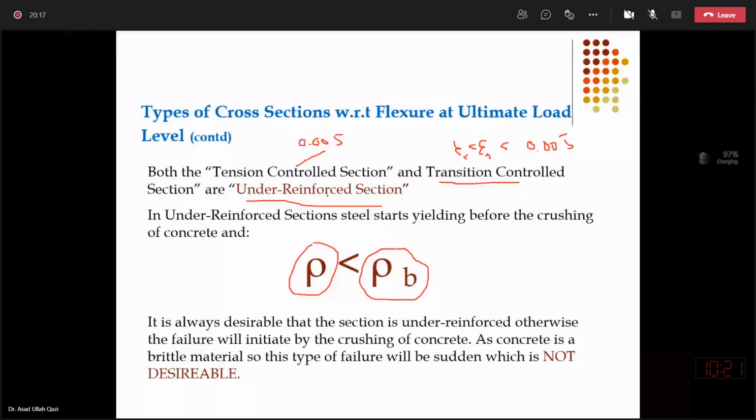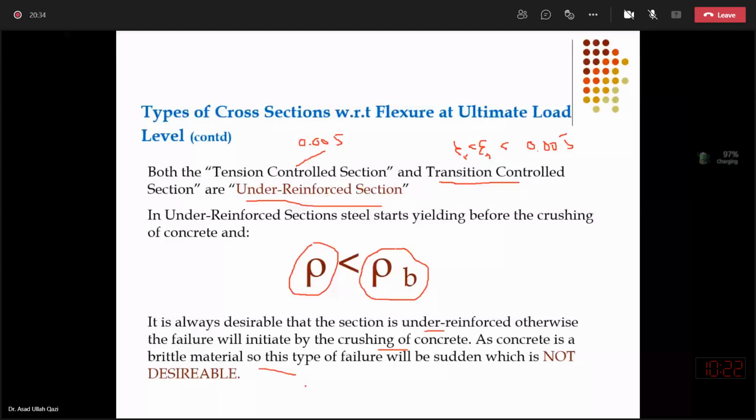It is always desirable that a section is under reinforced, otherwise failure will be initiated by crushing in the concrete first. As concrete is a brittle material, this failure will be sudden, which is undesirable.